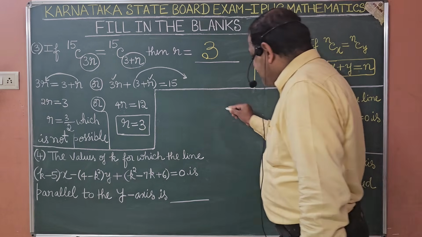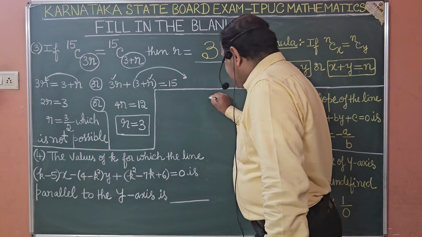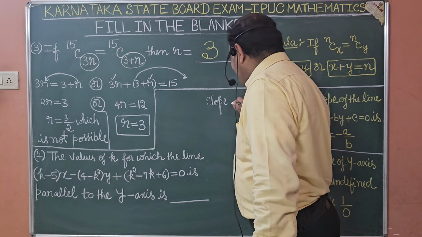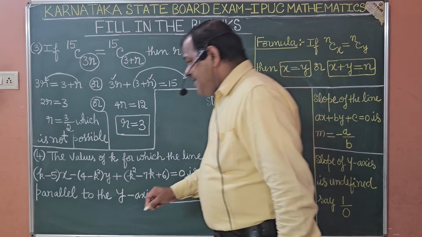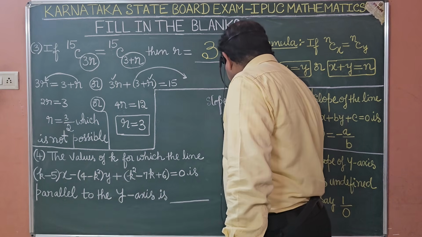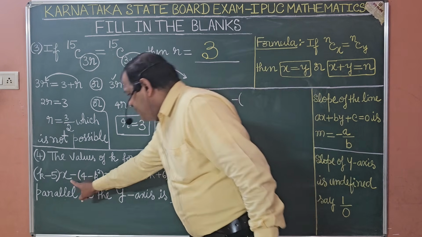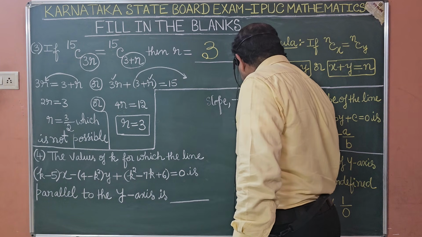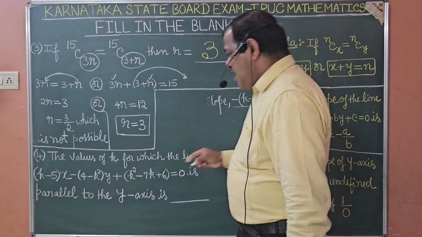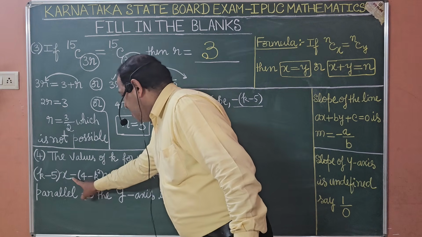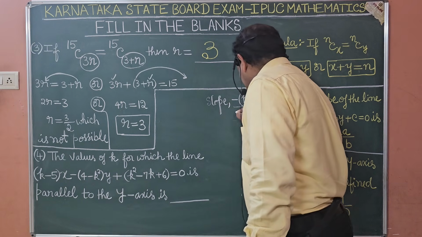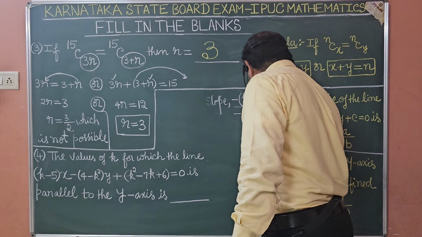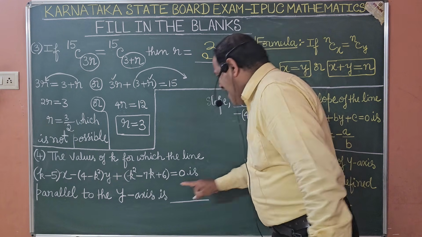So, I will start the answer over here. Therefore, the slope of the line is minus of coefficient of x, k minus 5, divided by coefficient of y, 4 minus k square. This is equal to the slope of the y-axis.